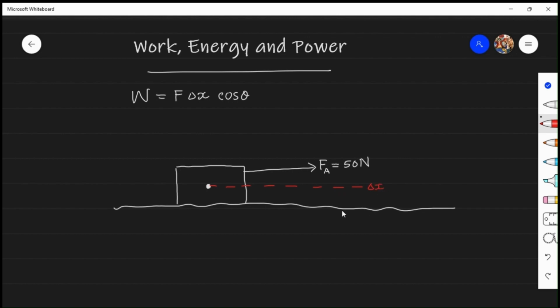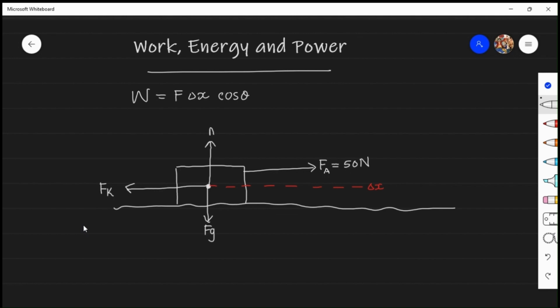Now, in addition to applied force, we know that this object has a mass, therefore, it's going to have a gravitational force, and it is on a surface, therefore, it's going to have a normal force as well as a frictional force or kinetic frictional force. Now, if we want to calculate the work done on this object, we're going to break it up.